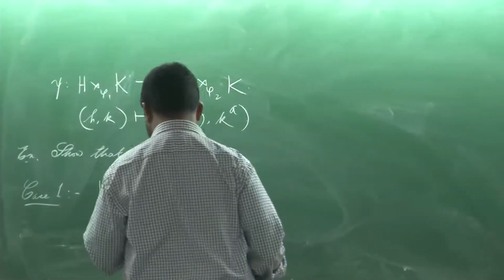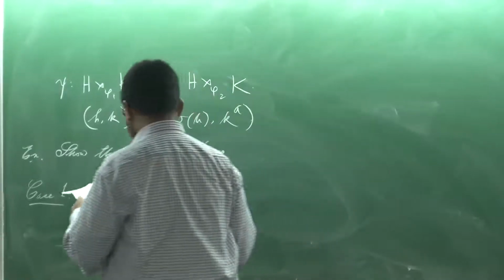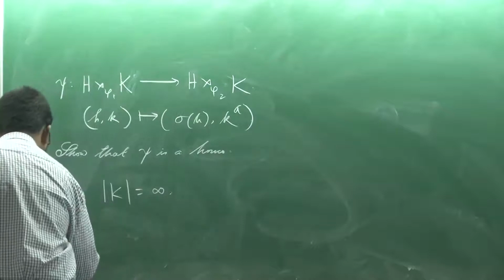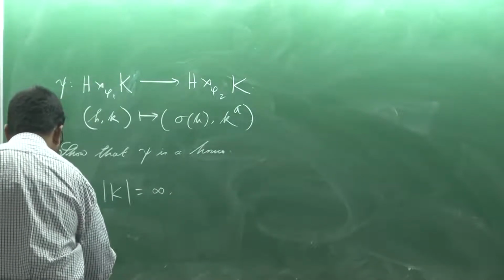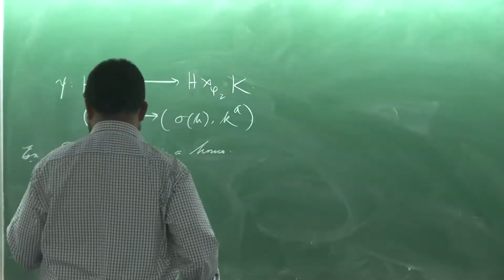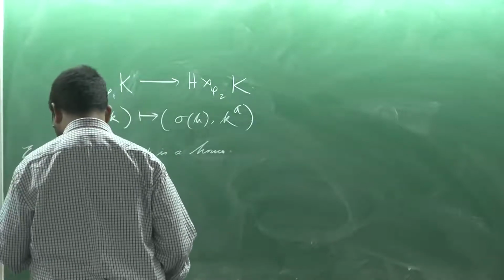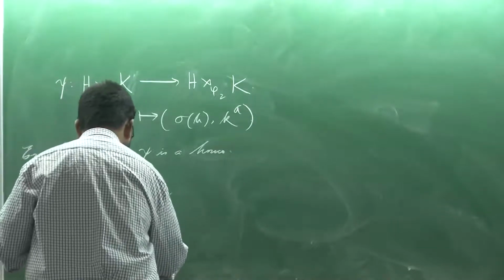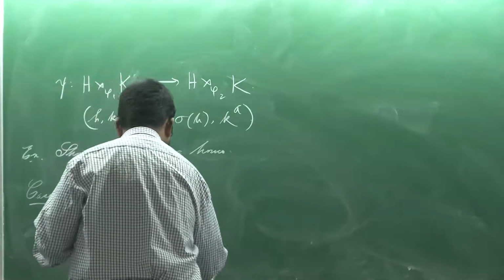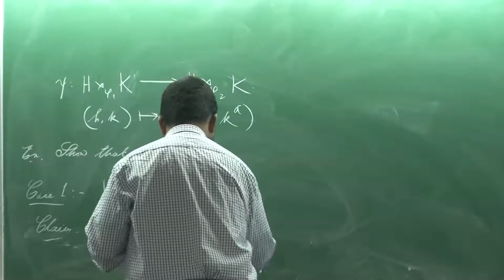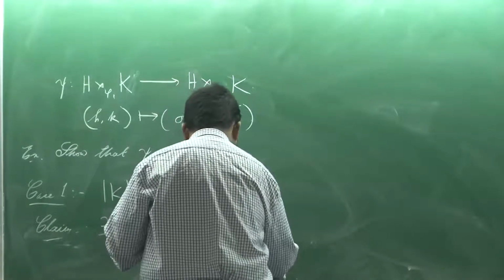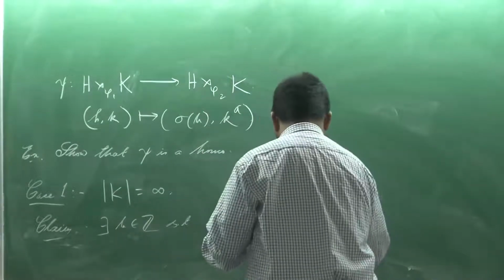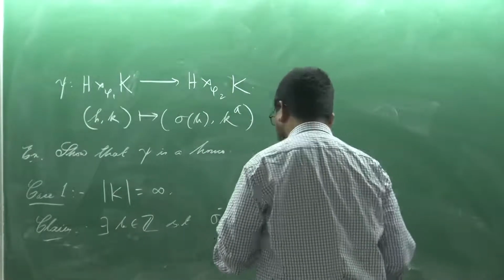So in that case we claim that, in fact the claim is also quite clear, we claim that there exists b in Z such that phi 2 k sigma is phi 1 to the power b of k for every k in K.